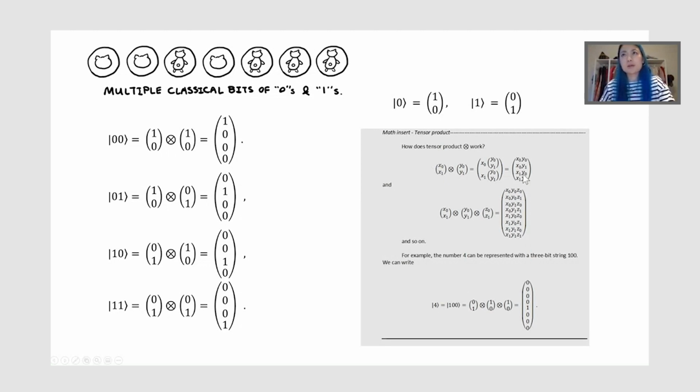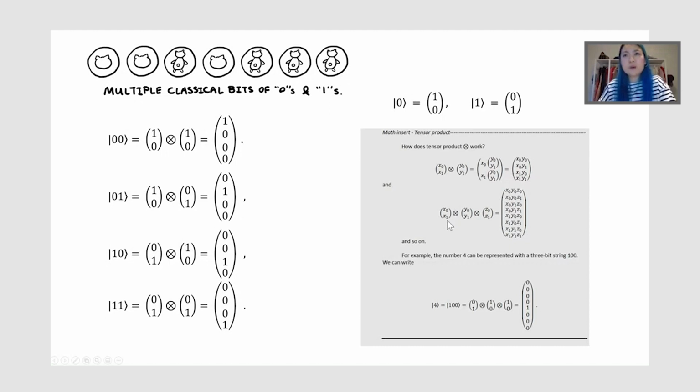We're gonna show some of the ways that we calculate. So a tensor product is nothing but just trying to represent two bits together, and is just the first element times the whole vector and the second element times the whole vector. So you'll get all these combinations out.